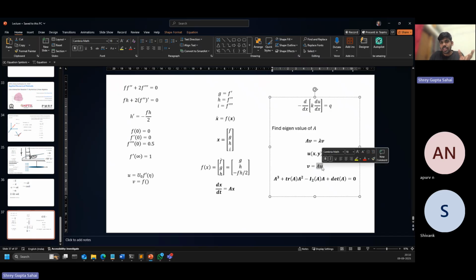Velocity field is not a physical space, it is not the Euclidean space. x comma y is a physical space, but u does not exist in this space. It has a vector space of its own, so the eigenvectors will lie in that space. They cannot lie in physical space.